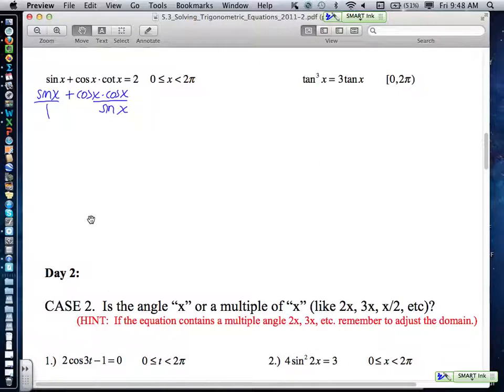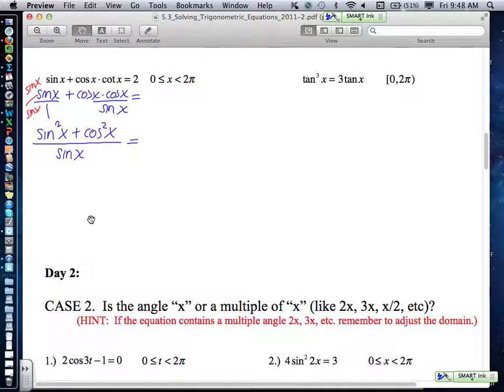I might want to combine those fractions. And when I combine those fractions, the denominator is sine x. So multiplying this first fraction by sine x over sine x, that's going to give me sine squared x plus cosine squared x. And that's always a good thing because that means my numerator is now 1.